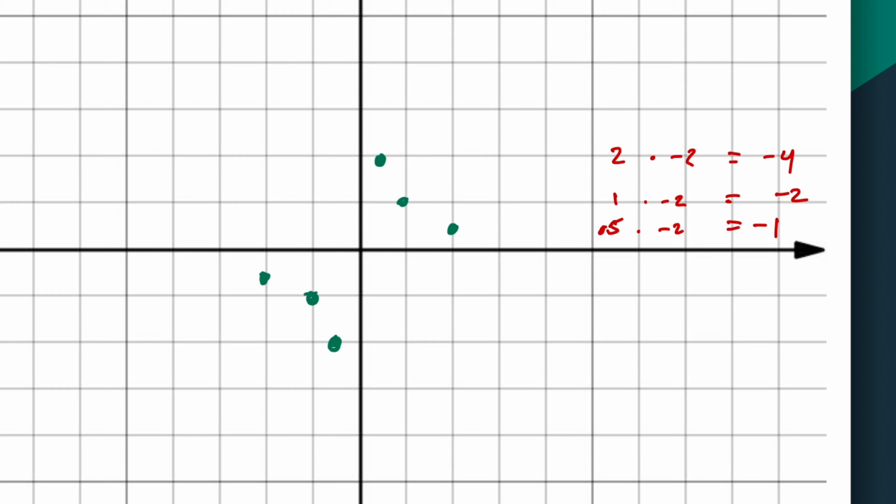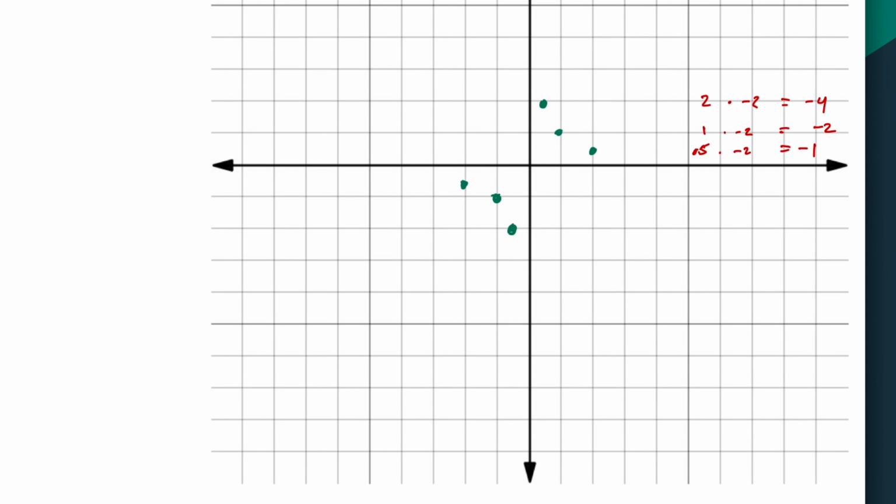Okay. All right, so these green points are now all of a sudden below the x-axis. So this top green point goes to -4. The next green point goes to -2. And then the next green point goes to -1. So it's stretched and it reflected in the same step.